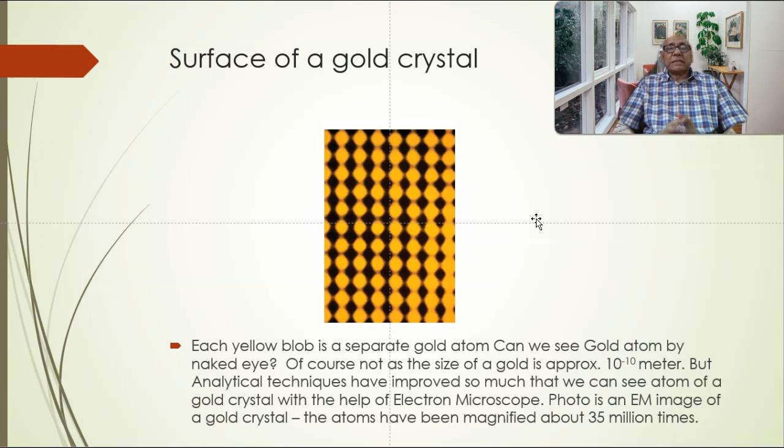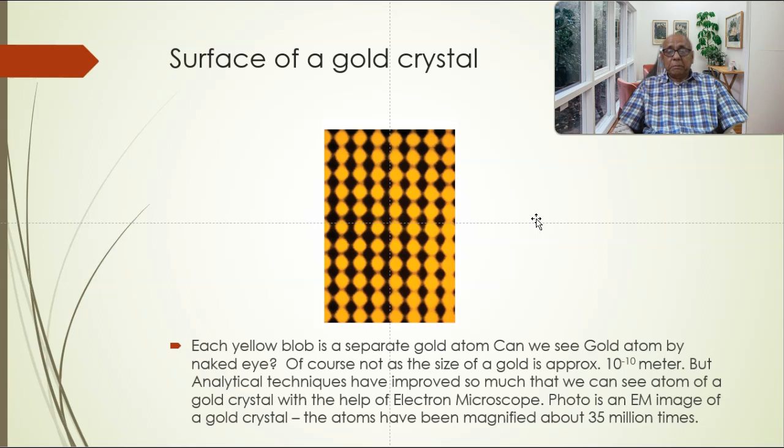It is the surface of a gold crystal. How amazing it is, that yellow bulb, an atom of a gold crystal. Do you know the size of an atom? It is 10 to the power minus 10 meter. How tiny it is. It is very difficult to get the arrangement of these gold atoms at one time, and you cannot see it with naked eyes even if you enlarge it a thousand times.